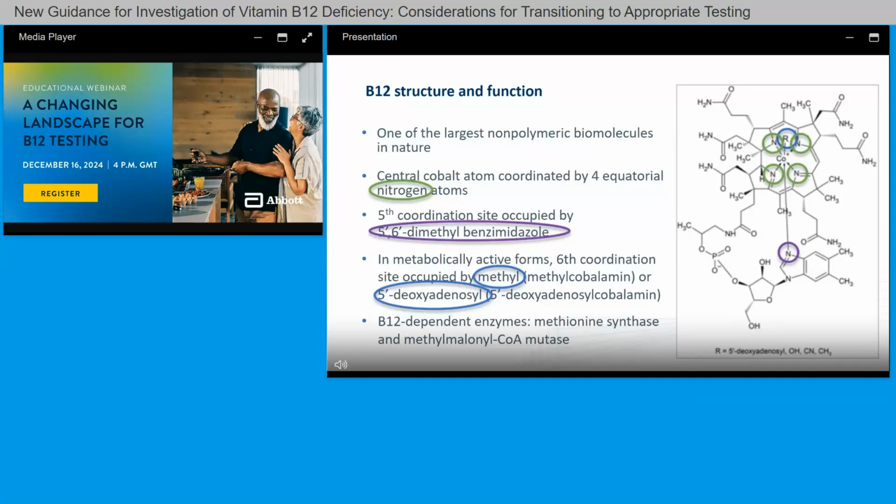Or if we have a deoxyadenylyl group, this is known as deoxyadenylyl-cobalamin. We have 2 vitamin B12 dependent enzymes in our body, methionine synthase and methylmalonyl coenzyme A mutase. Methionine synthase requires methylcobalamin, and methylmalonyl coenzyme A mutase requires adenosylcobalamin.